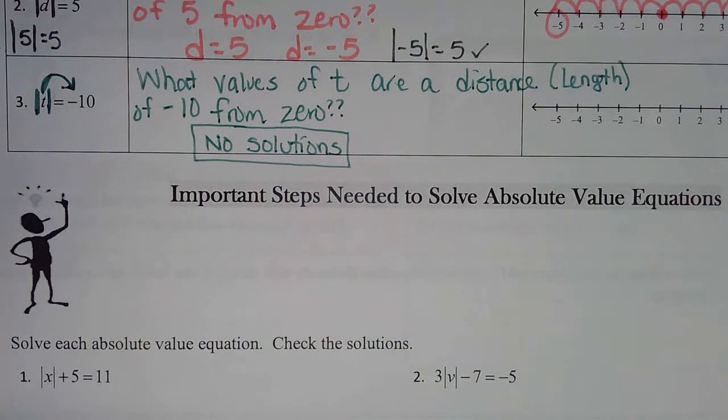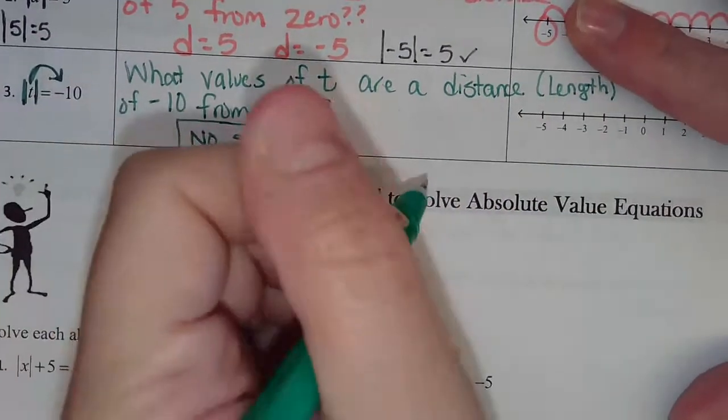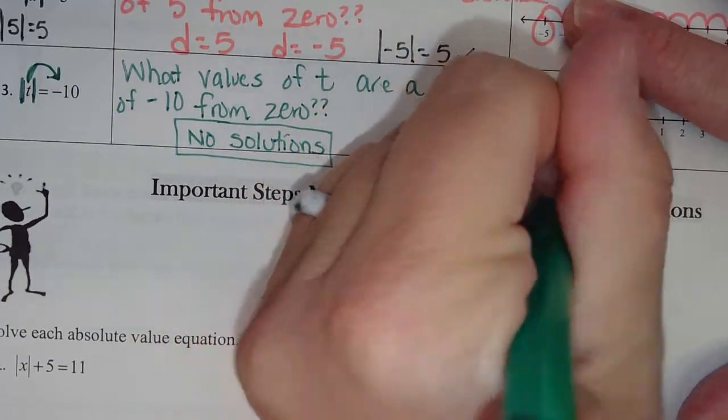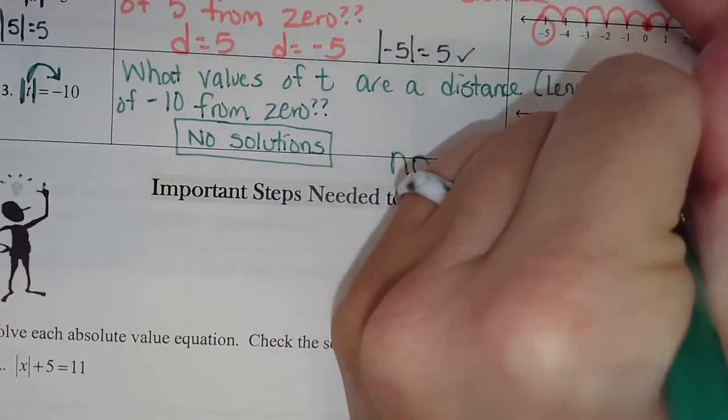It's the same thing I talked about with me driving from home to here and here to home. If I go from here to home, it's still 30 miles. That's why my odometer doesn't go backwards. So that's why you can't have a negative distance. So no negative distances. That's always no solution.